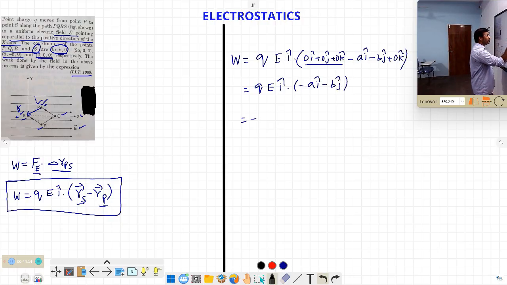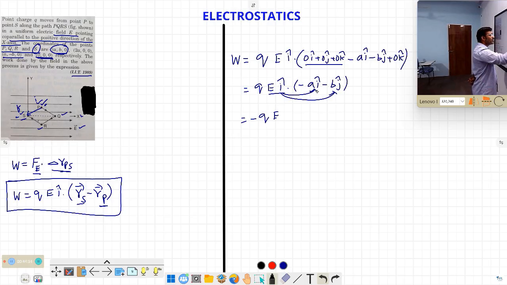So take the minus common: minus Q into E. If you multiply E I cap with each term, you get E into I dot I as the first term, where I dot I is equal to 1 and I dot j is equal to 0.